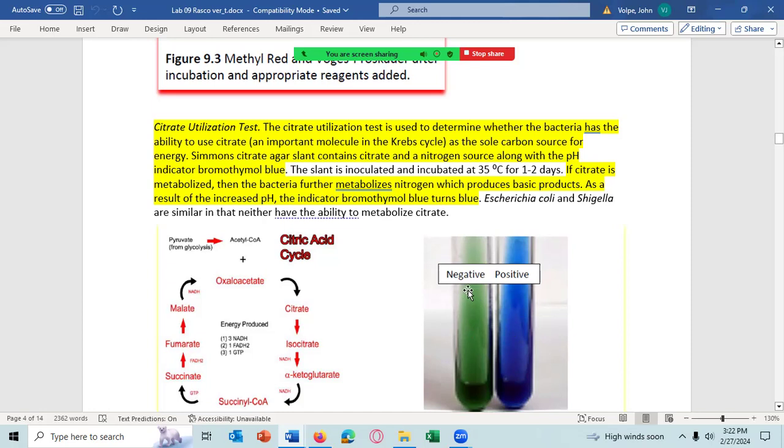What happens is when the bacteria are growing on the tube utilizing citrate, they make a base as an end product, and the base will switch the pH indicator from green color to blue color. Any questions about any of that?